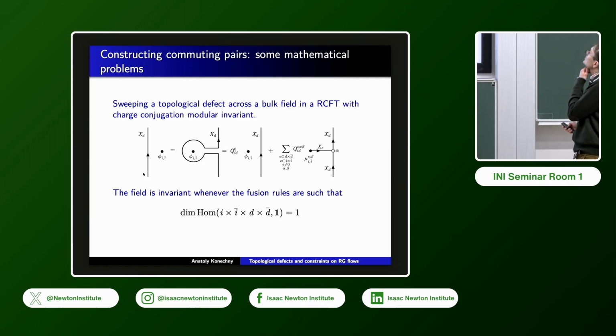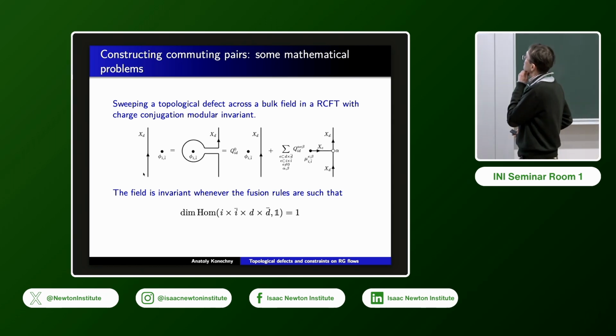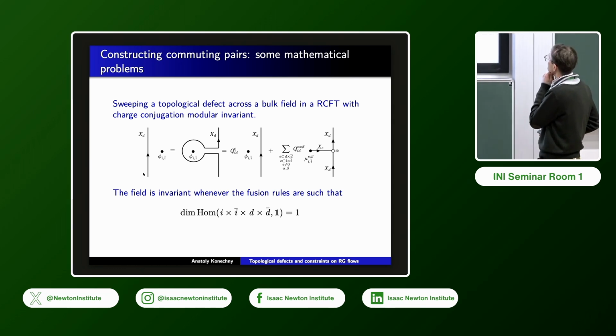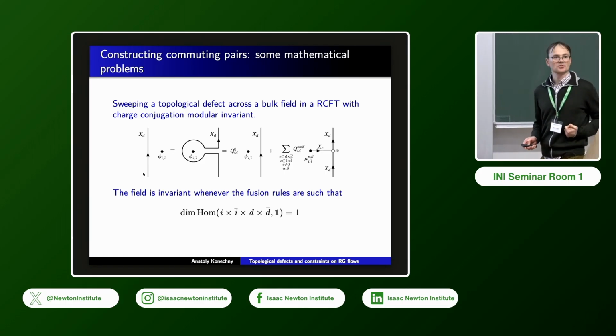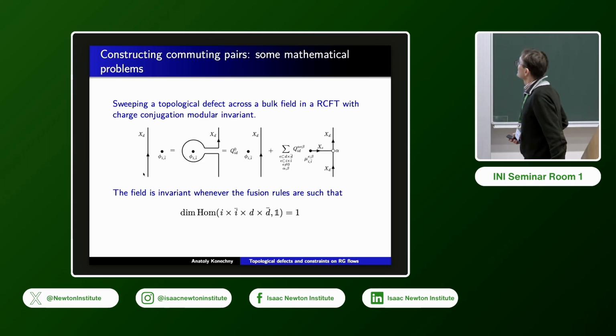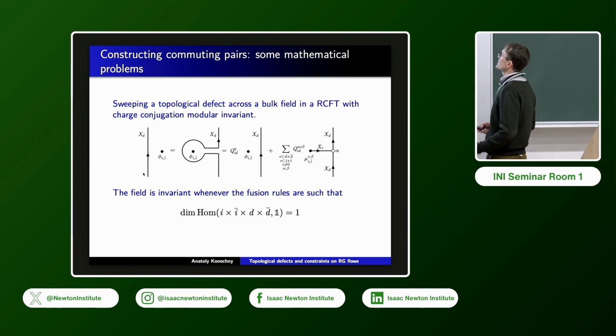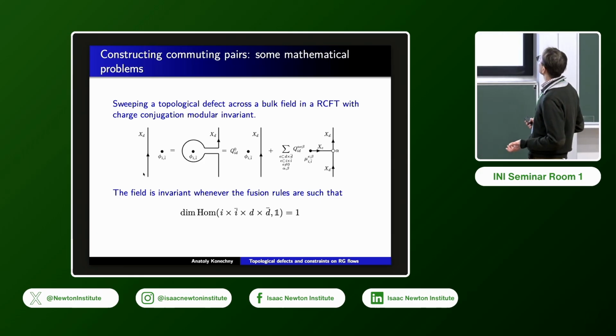So, the last part of my talk: how one can try to construct commuting pairs. Let's start with the bulk. People observed a long time ago, I saw it in this old paper of Gaiotto about RG defects, that sometimes if you choose your representations in a particular way, the representation for the I and I bar, which label the bulk field, and the representation for your TDL, if it satisfies a special condition in terms of the fusion rule, that guarantees that nothing can appear here.